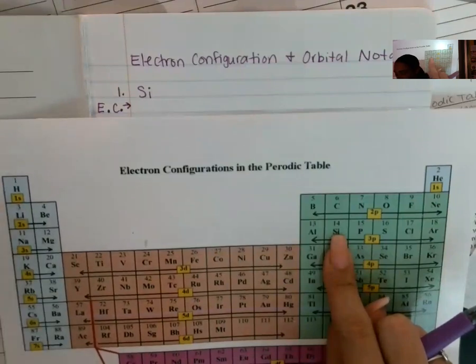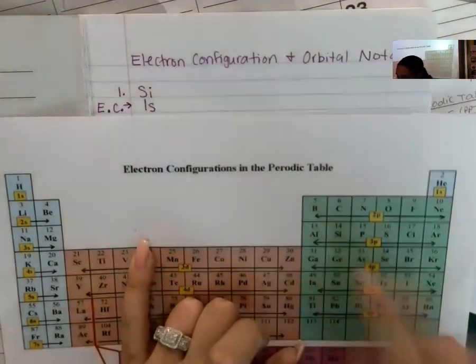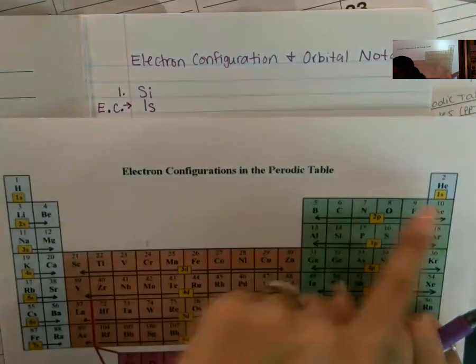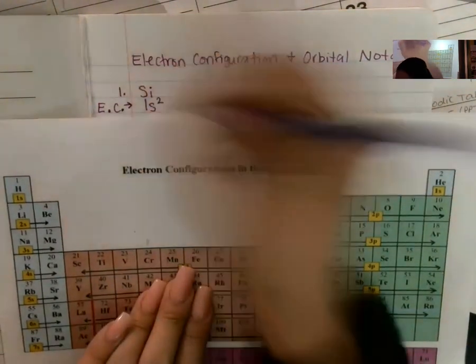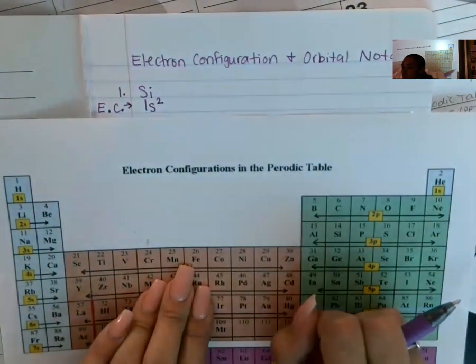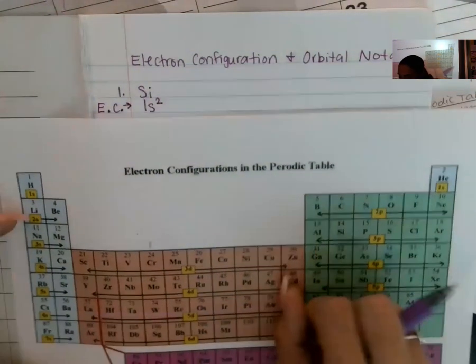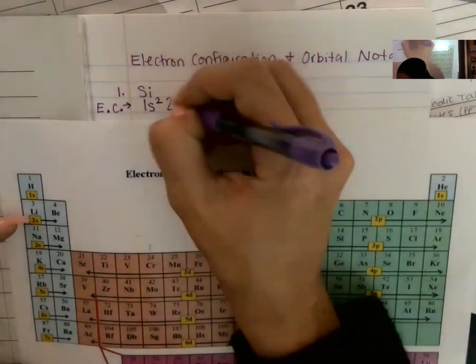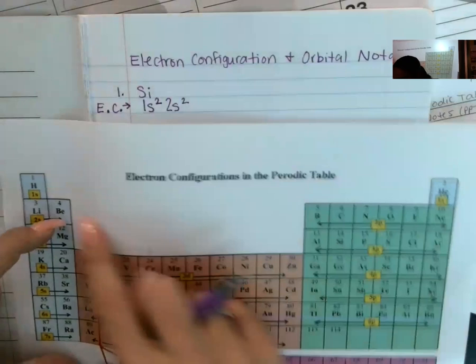We're starting with the 1s level, so we write 1s. How many are in the 1s level? 2 of them, so we write a little 2 on top, a superscript. Then you jump to the next row. We're in the 2s level. How many are in the 2s level? 2. And then keep going across.